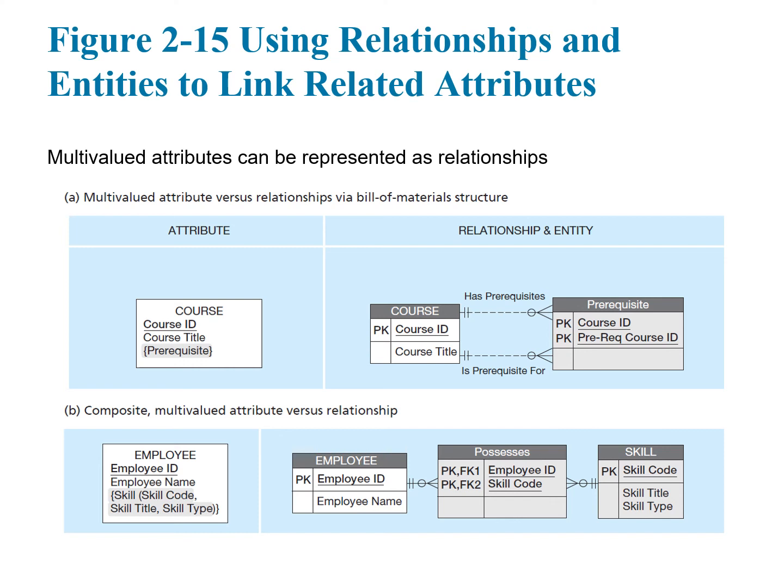The top figure shows a simple multi-value attribute, whereas the bottom figure shows a composite multi-value attribute. Note that on the right, it is explicit that there are many-to-many relationships.